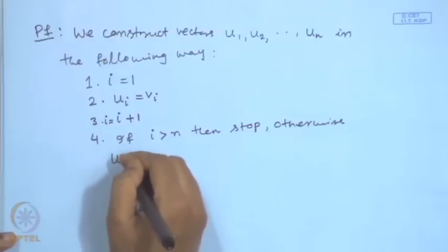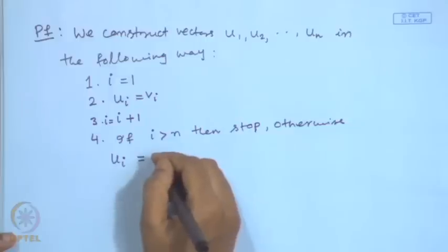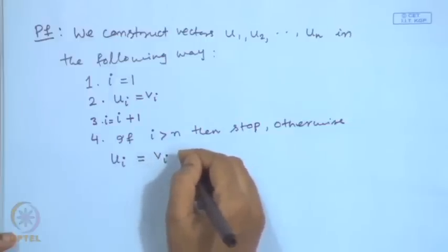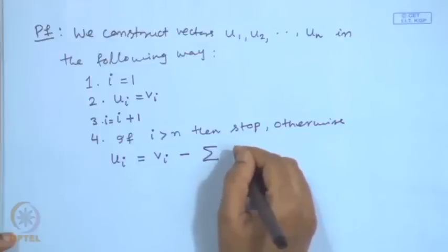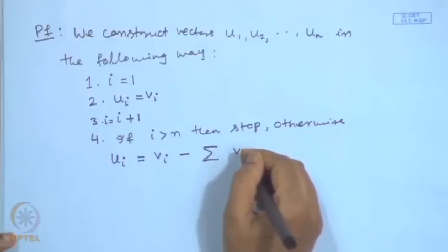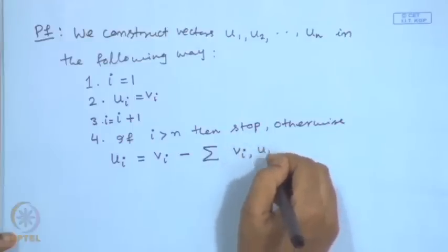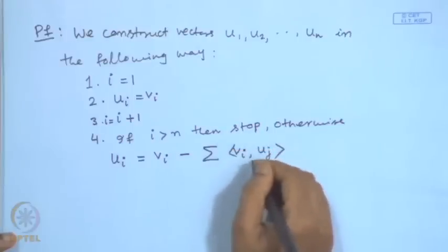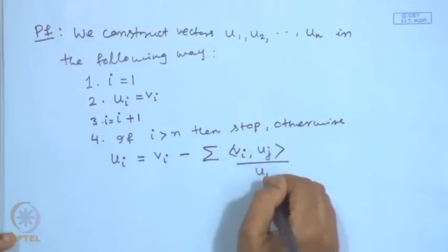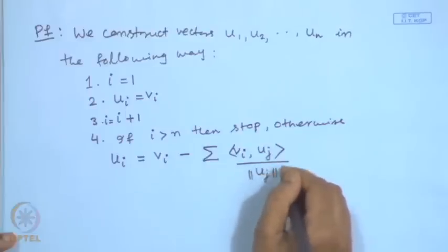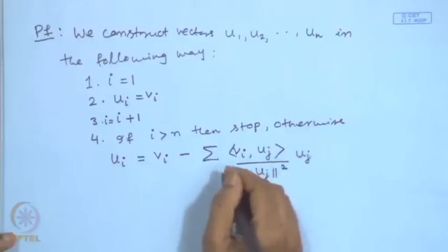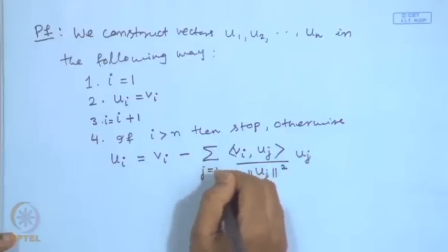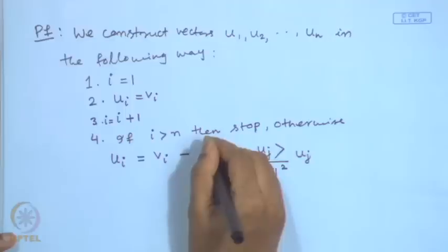This ui is equal to vi minus the summation of the inner product of vi with uj, divided by norm uj square, multiplied by the vector uj, where j runs from 1 to i minus 1.